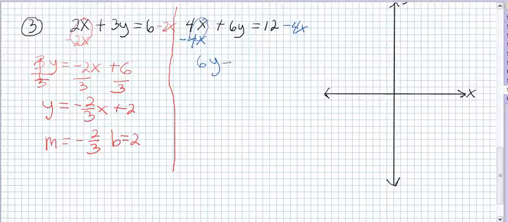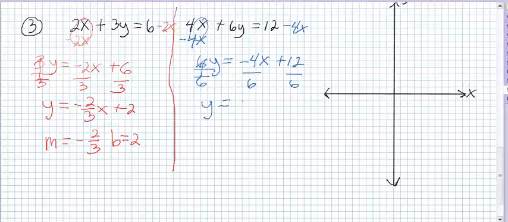It's a positive 6y is equal to, and I'm going to bring the negative 4x in front and keep the positive 12 at the back because I want to put it in slope-intercept form. y equals mx plus b. Now I need to make it a 1y and not a 6y. So I'm going to divide this by 6, divide this by 6, divide this by 6. So 6 over 6, again, is 1. So it's 1y is equal to, now I got negative 4 over 6.